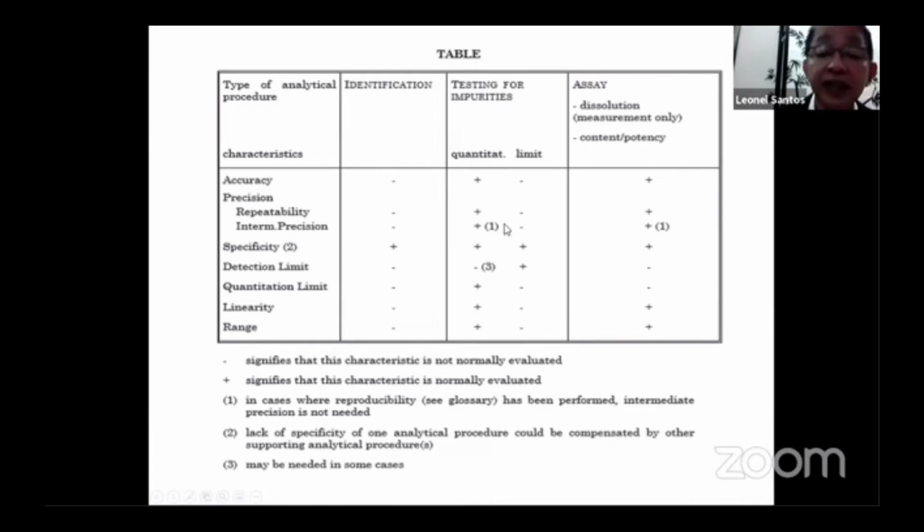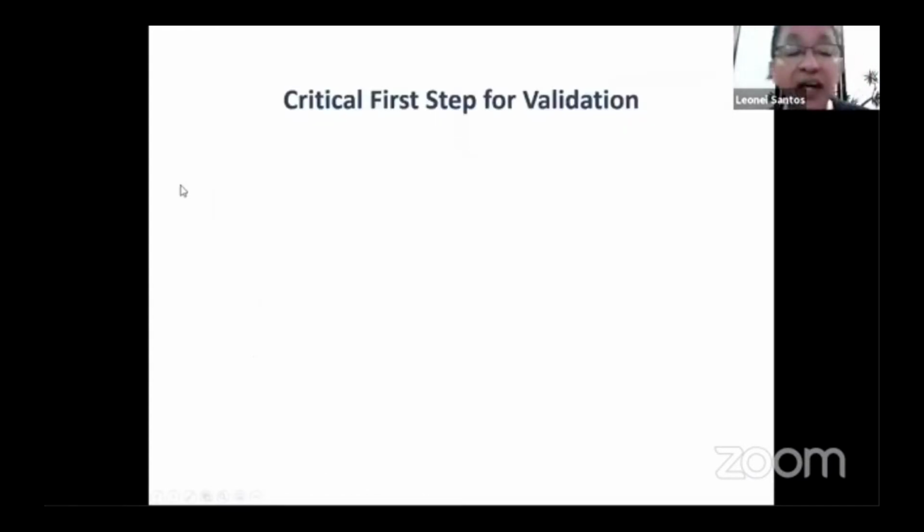Impurities are again the same for both the quantitative and limit tests, except for the assay. Their assay also includes performance tests such as dissolution, content uniformity, and potency. So they bunch together the assay and the performance tests, versus USP, which separates them in the previous table that I have shown you. That would be a difference between ICH and USP.